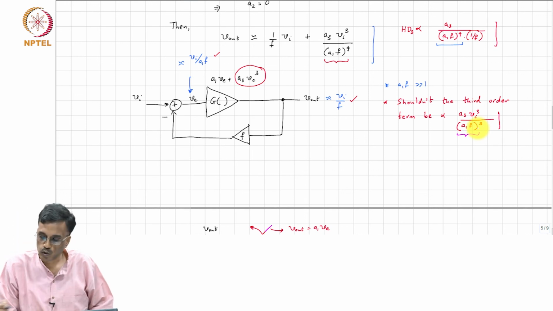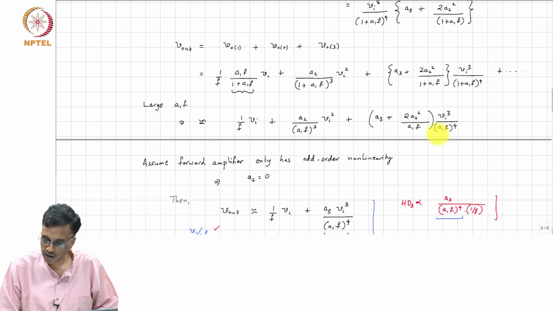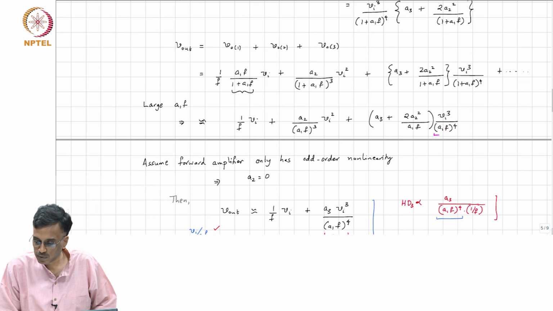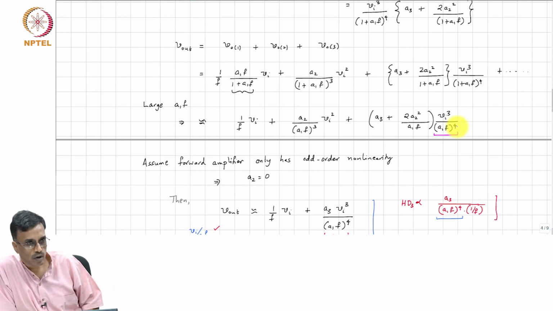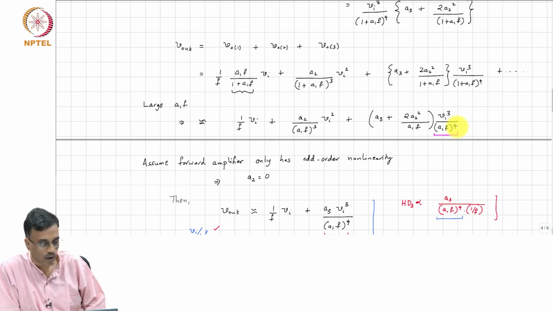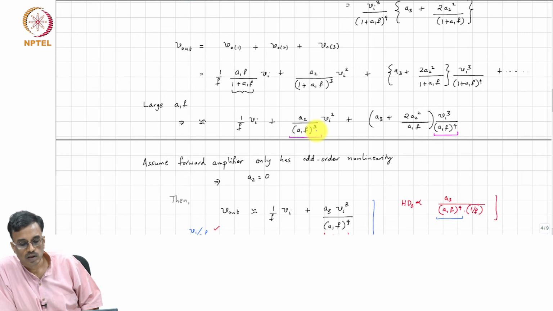That is why, whether you look at the third order nonlinear term or the second order nonlinear term, remember that the third order nonlinear term is proportional to 1 by A1F the whole power 4, and likewise the second order term is proportional to 1 by 1 plus A1F the whole cube.